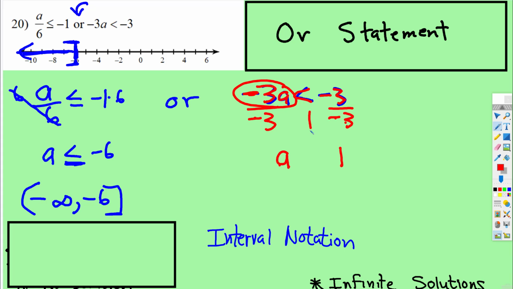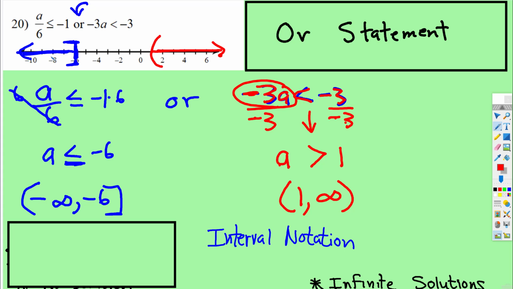The inequality sign also changes. And notice there's not an equal sign, so it's going to be an open bracket. This means this is all of the values starting at bigger than 1, and bigger than 1 heads off to positive infinity. All right, so an open parenthesis there.